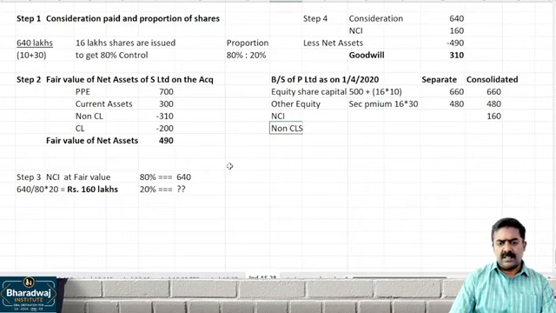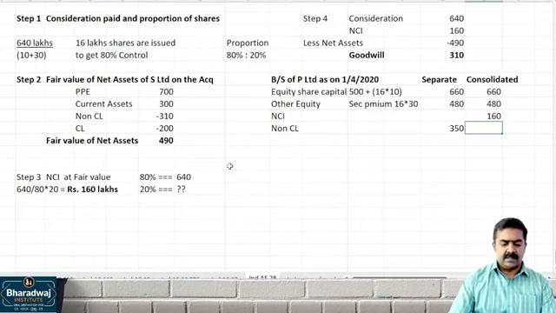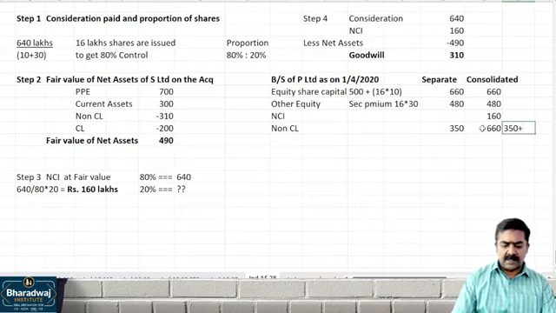Then non-current liability. Separate balance sheet only the holding company's item will come. How much? 350. Here both will come. 350 plus 310, 660.